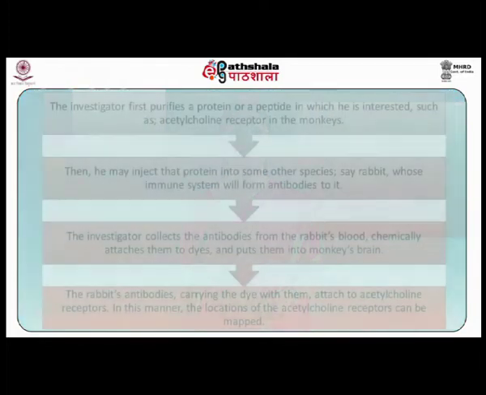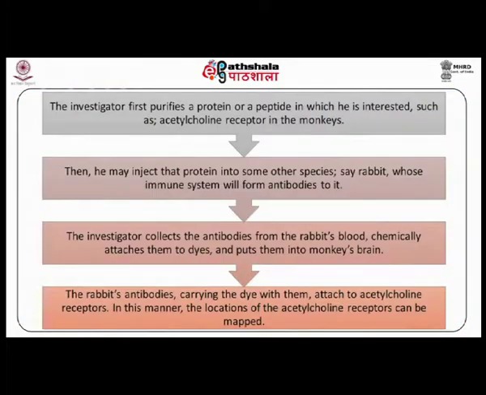The investigator first purifies a protein or a peptide in which he is interested, such as acetylcholine receptor in the monkeys. Then he may inject that protein into some other species, say rabbit, whose immune system will form antibodies to it.